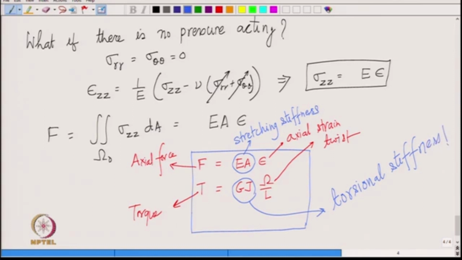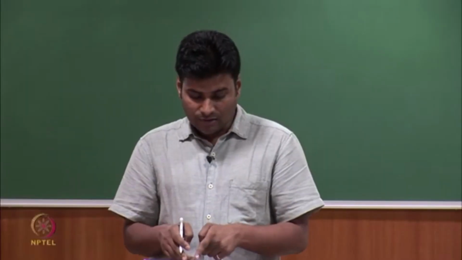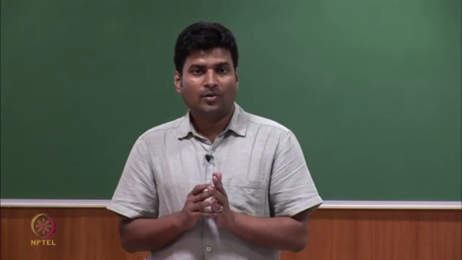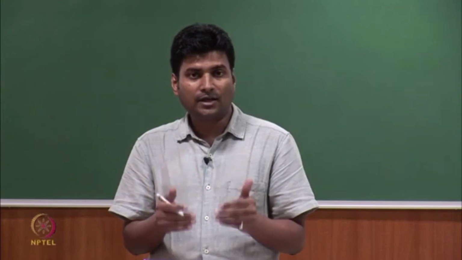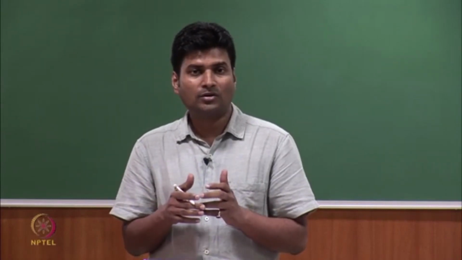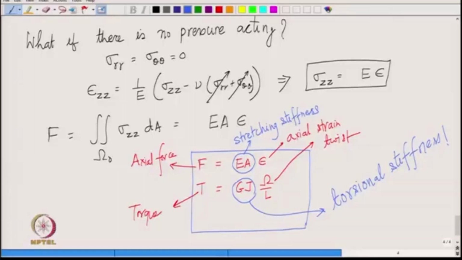All right. We also see that the axial strain epsilon is constant in the cross section. This twist omega by L is also a constant number, but what about the shear strain that generates this torque, or what about the shear stress tau theta z?